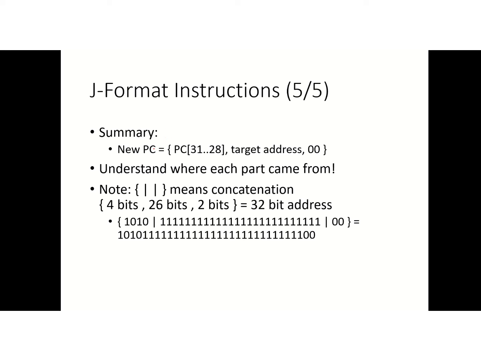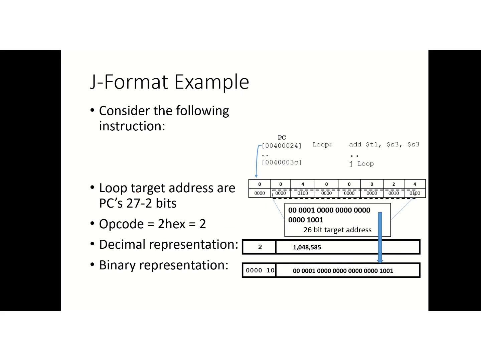So let's find where each part comes from. Now, if we want to jump to the loop, look at the command: there are some commands, dot dot dot, then we have a jump to loop. The loop is located at this address.